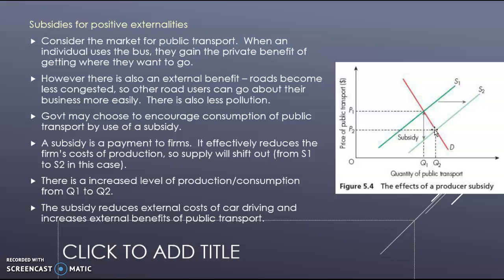And that could be a considerable amount. And that amount of government spending that they spend on the subsidy could be used on some other area to improve some of the other problems within society or the economy. So the government has to make a decision as to what it thinks is the best use of those limited resources.